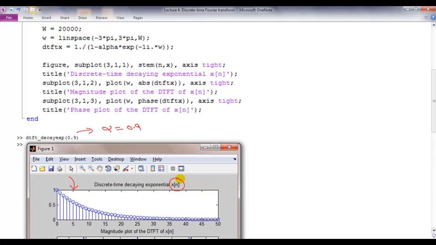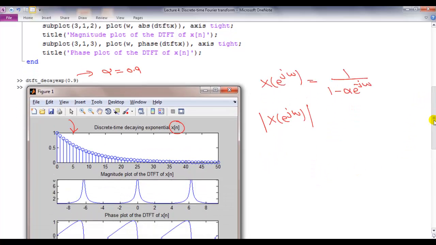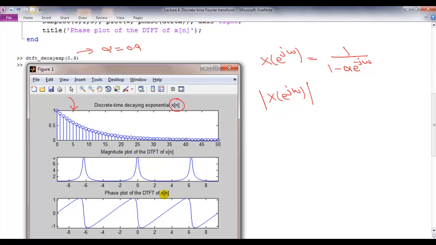And as I wrote, my Fourier transform of a decaying exponential, which is something that you should memorize or at least have an idea of, looks like this. So I can now plot its absolute value, which will tell me the different frequencies present in it, and this is what it looks like. Okay, this is the absolute value, and this is the phase of X of e to the j omega.